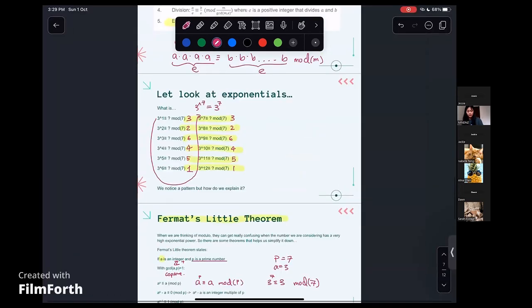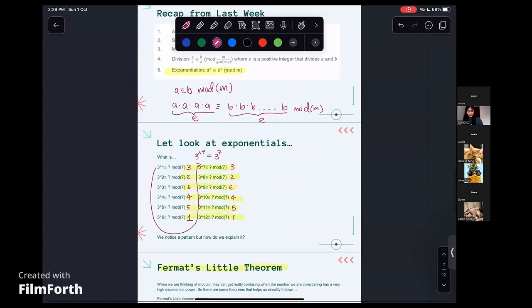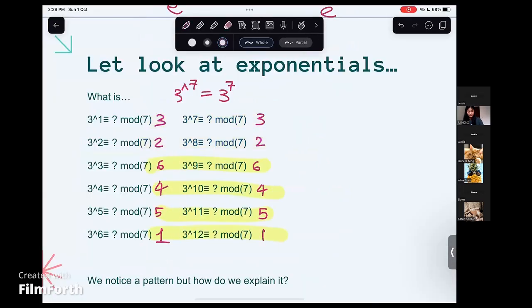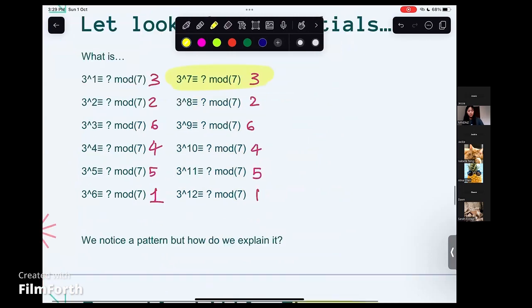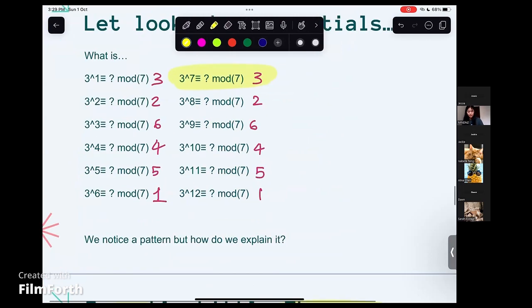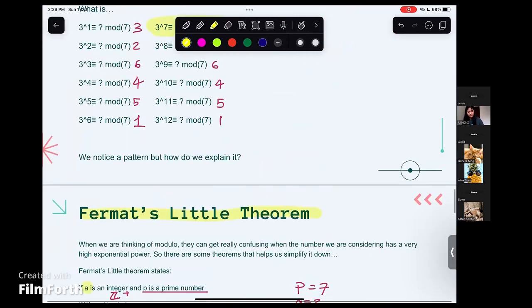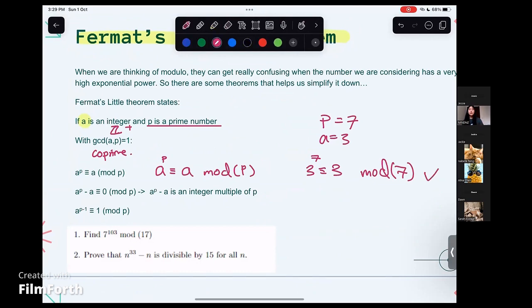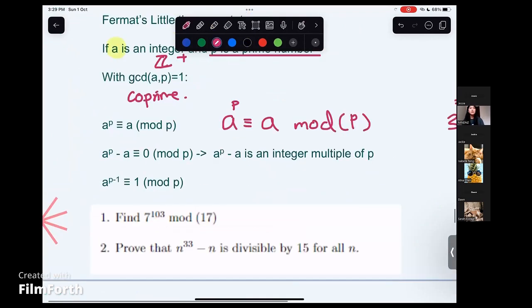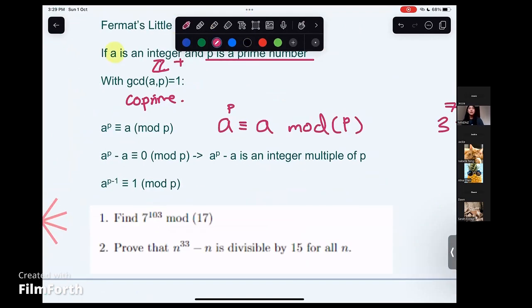And yes, it is true, because we can see something like this. So at least for our first example, it is definitely true because it satisfies what we were looking at before. So this is a tick. Now sometimes a to the power of p is congruent to a mod p isn't always the most useful.